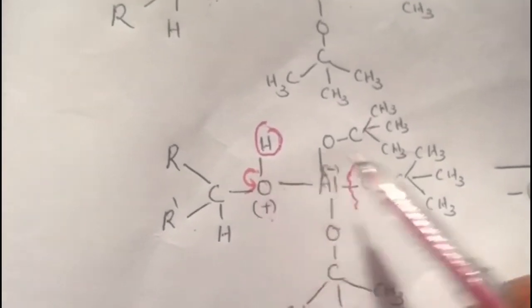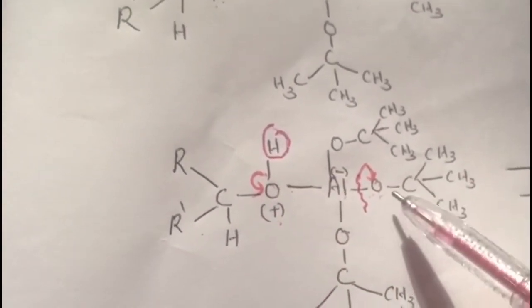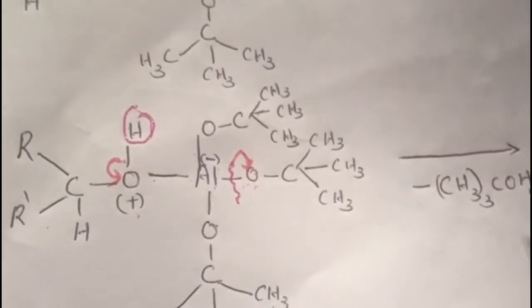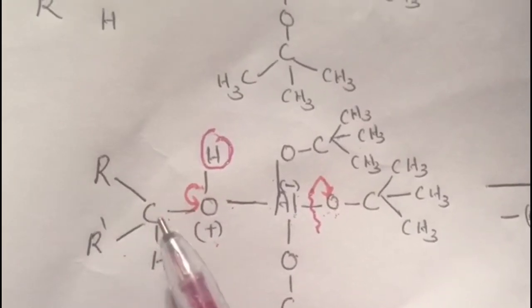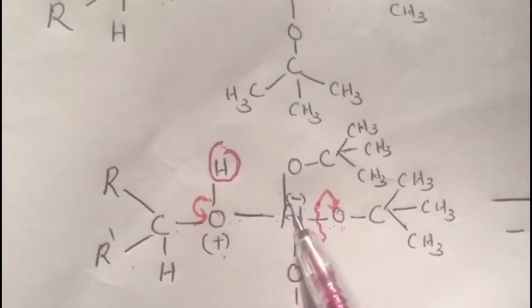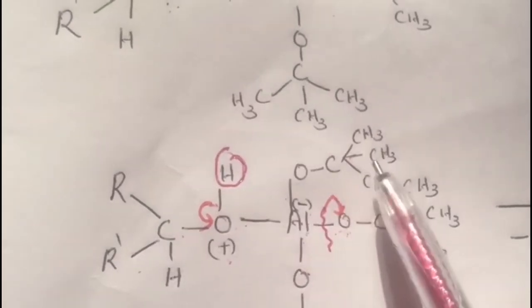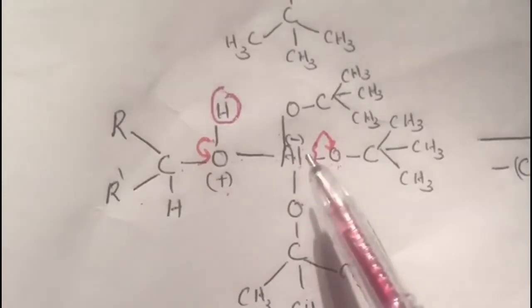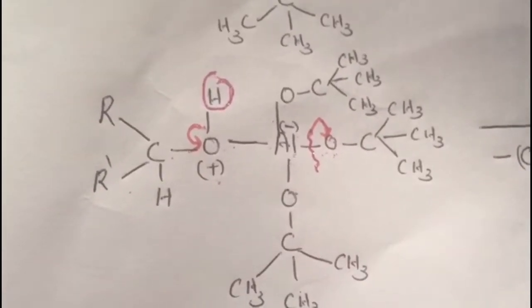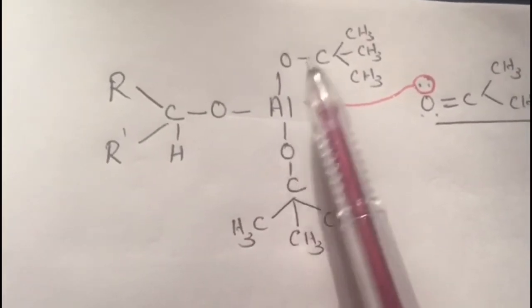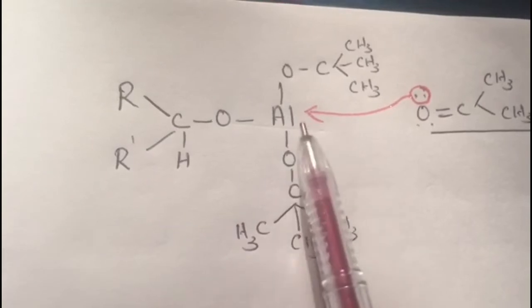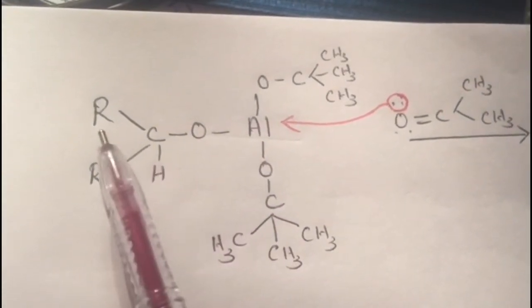This H+ and (CH3)3CO minus will combine to form (CH3)3COH as one of the products, and the other product will be R-CH(R)-O-Al[OC(CH3)3]2, because here also aluminium will be neutral. So this is our product formed here.